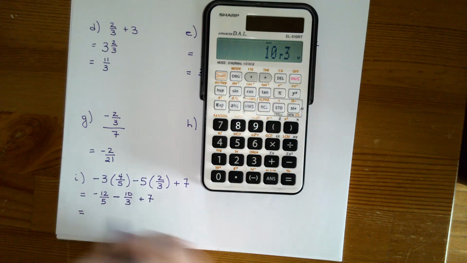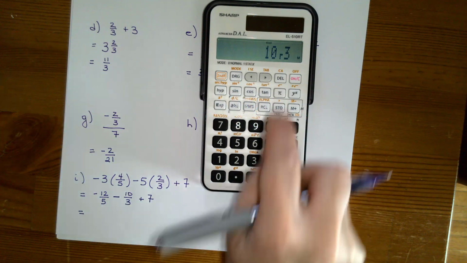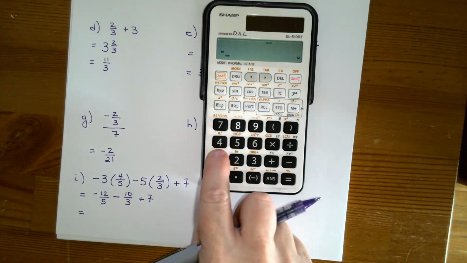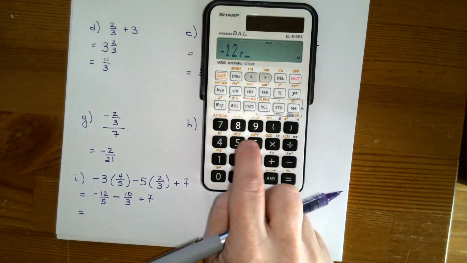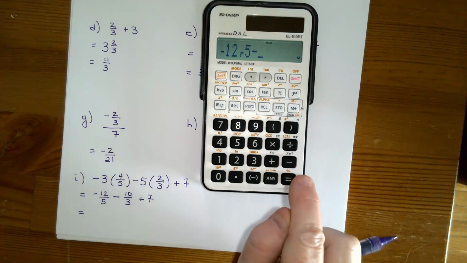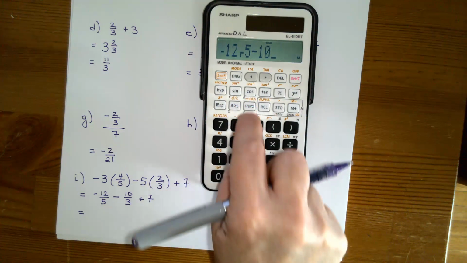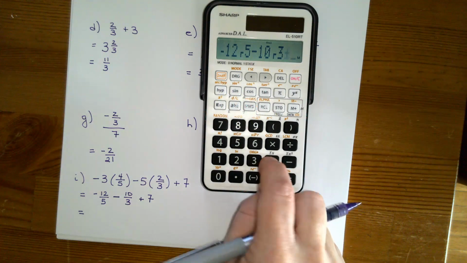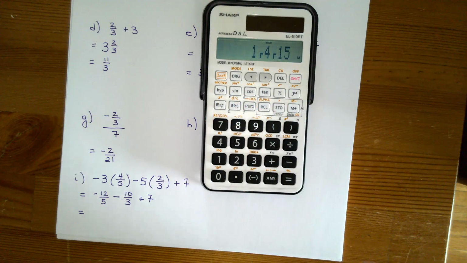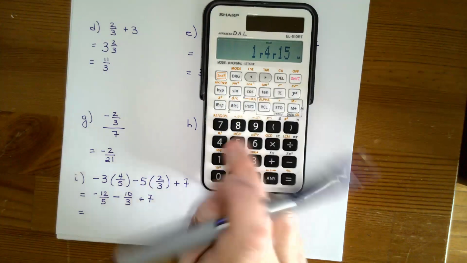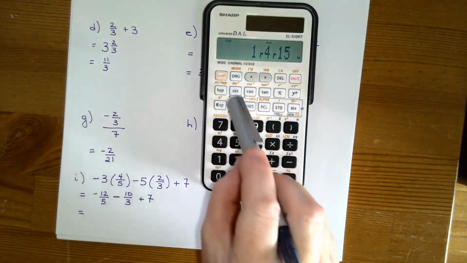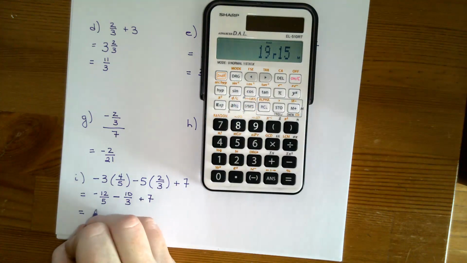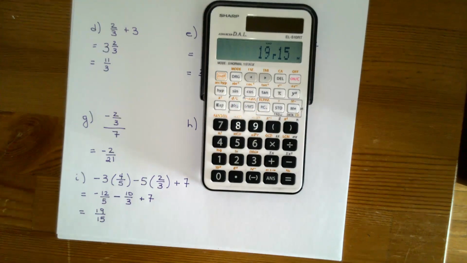And so now I'm going to go and just put all of that in the calculator at once. So I have -12 over 5 minus 10 over 3 plus 7 equals, and I have 1 and 4 over 15. So to turn it into improper, I have 19 over 15, and I'm done.